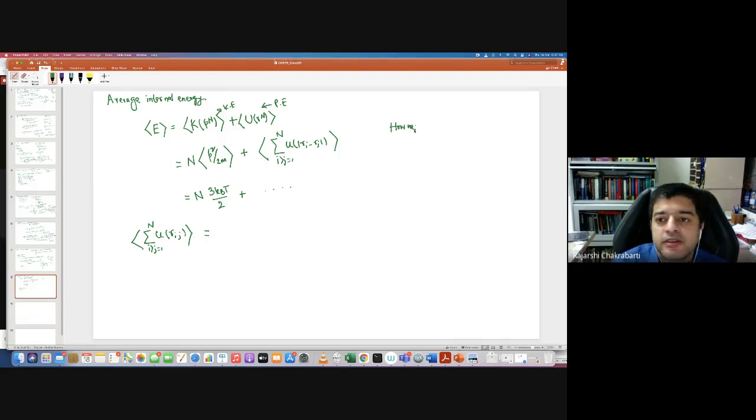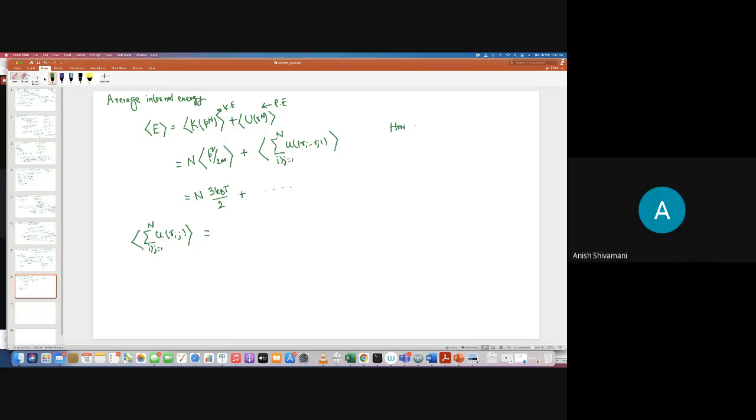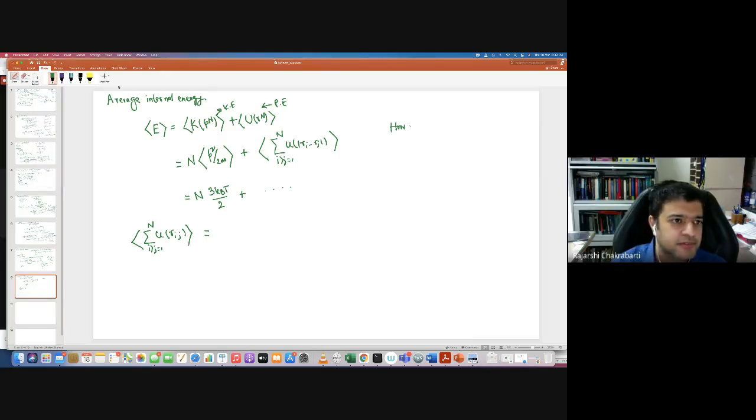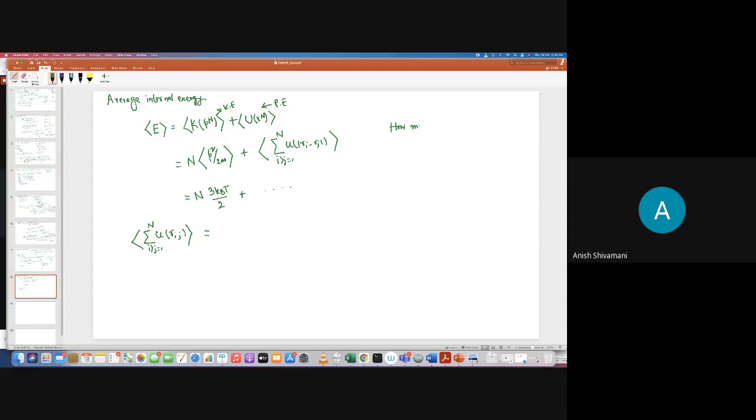Tell me. Kailash, if I have an n particle system, how many distinct pairs are there? N minus 1 by 2. N factorial. Good. Half n, half n. This will be half n. Good. Anish, how many? N minus 1 by 2.